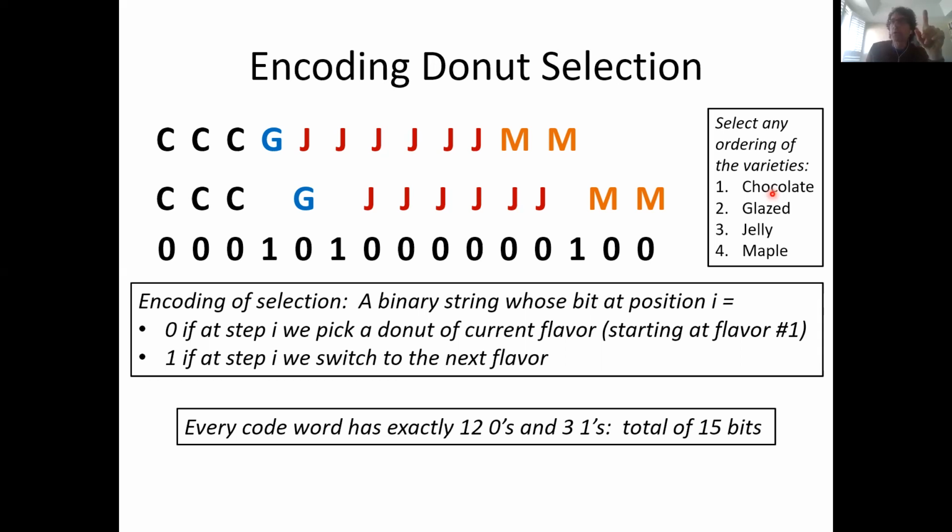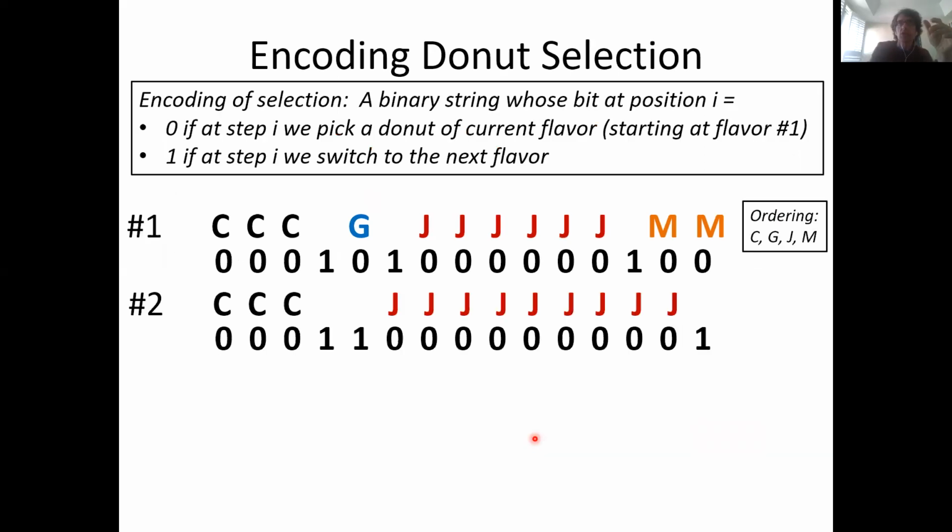No, you do. Just put all the 1s at the end of the string. There are useless switches, right? Like you just have 12 zeros, buy all chocolate, and then 3 ones for just switching context. It's still a valid encoding, and it's a unique encoding of that particular selection. So 12 chocolate donuts is a 15-bit binary string with 12 zeros and 3 ones.